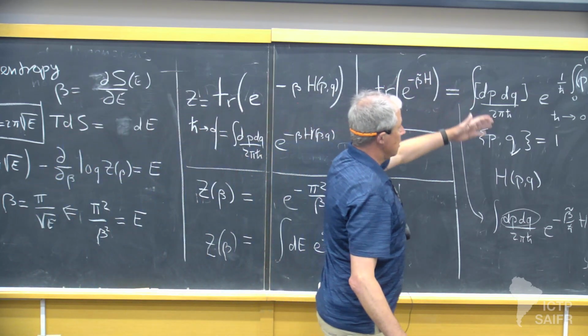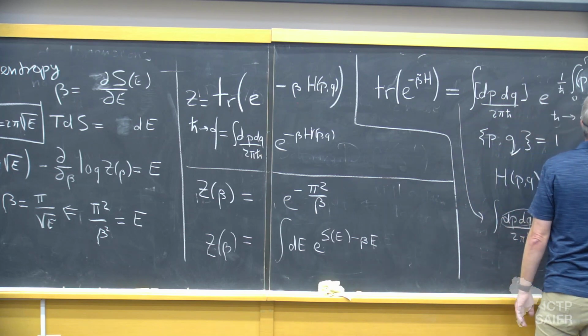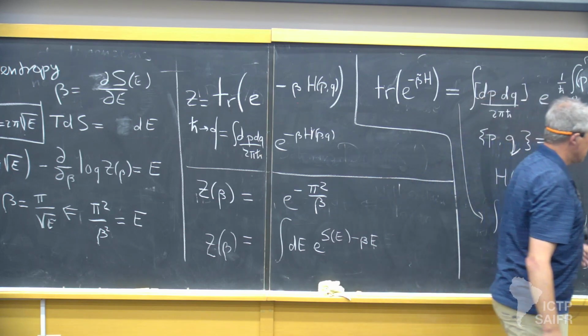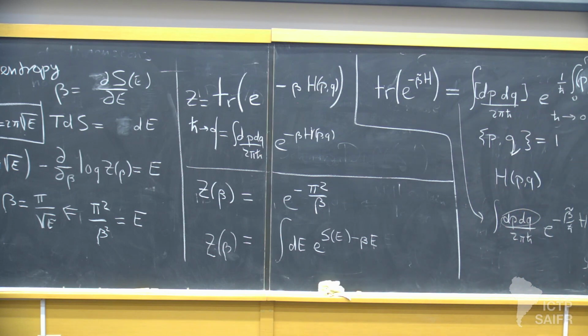I didn't change anything about the story here. I just called this beta beta tilde. The reason I'm calling it beta tilde is that this beta tilde is not the same as that beta. I guess indeed this thing here as a combination is called beta.